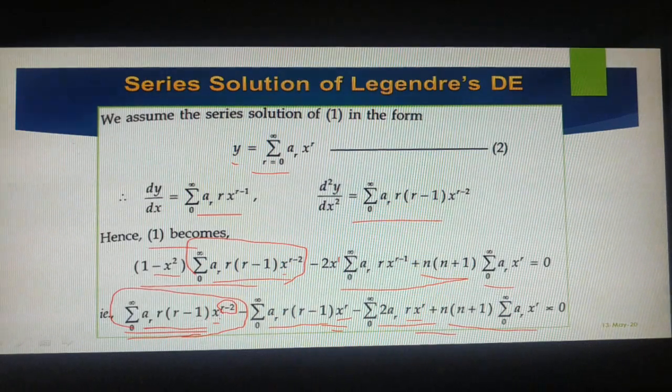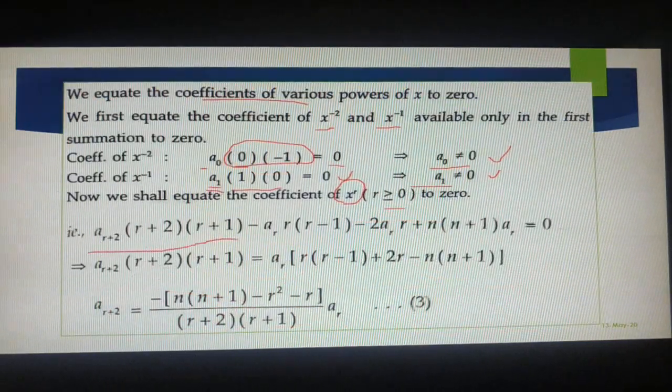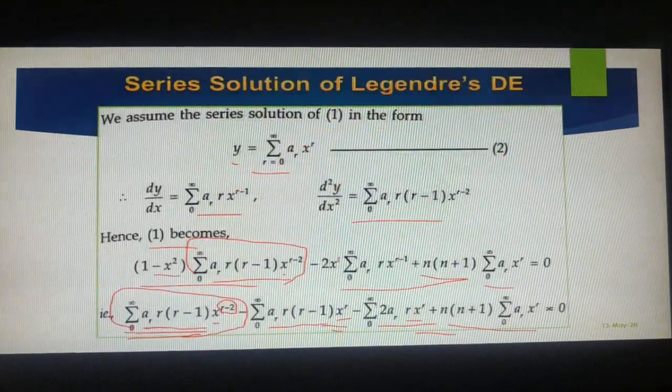So in place of r, if I take r plus 2, we get the rth term in this series. So I can take a r plus 2, r plus 2, r plus 2 minus 1, x to the power of r. That is the term we are writing here: r plus 2 into r plus 1. So this is the coefficient of x power r from the first summation. Please take it carefully and write it down.